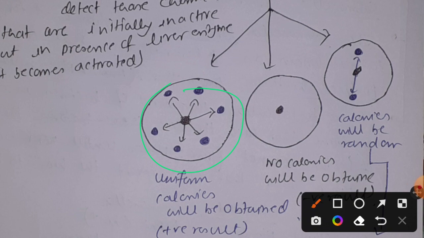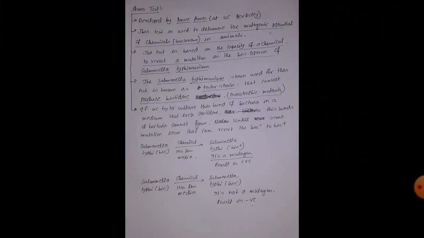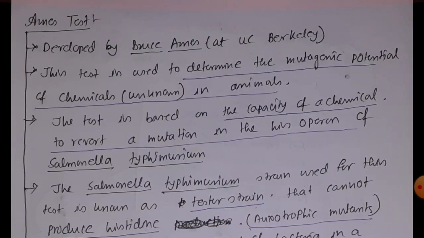If we do not get any colonies, then we can simply conclude that it is a negative result, that means our chemical is not a mutagen. But if we get some colonies randomly, then we can conclude that it is a false result, due to the spontaneous reversion caused by the bacteria itself. So that is the test that helps us determine the ability of a chemical to cause mutation in animals. I hope this video will be helpful. Thank you.